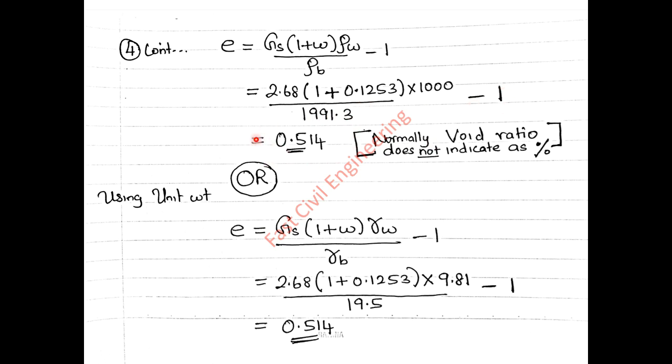Answer is 0.514. Normally void ratio is not expressed as a percentage. It is better to put it as a decimal in the void ratio case only.